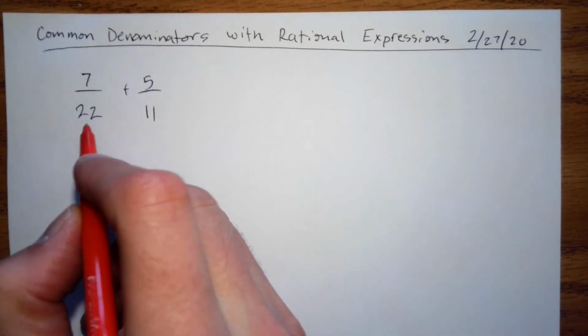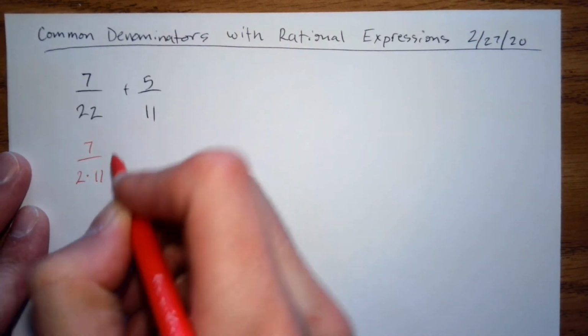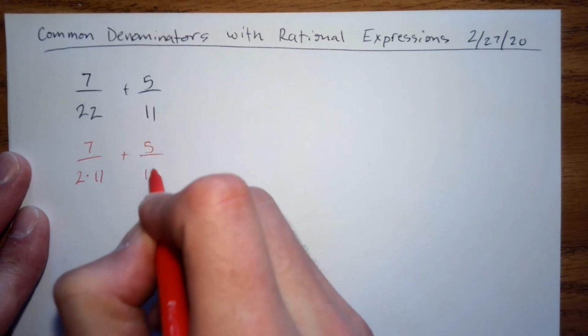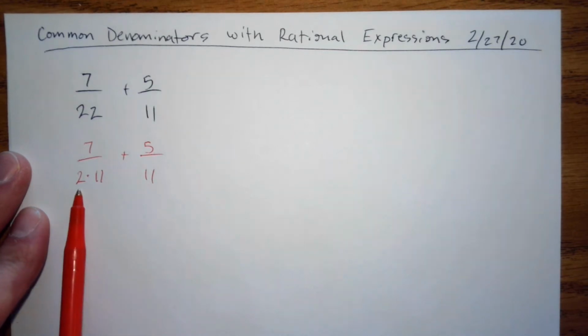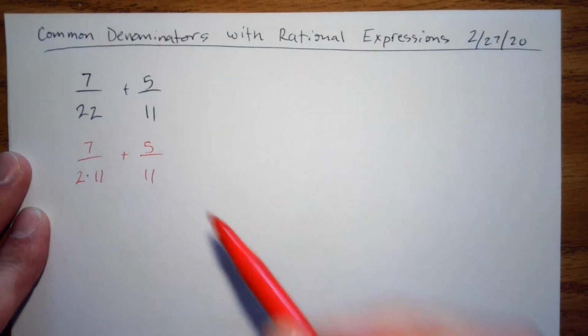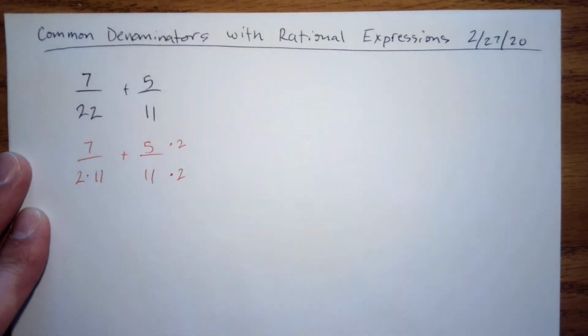So this you could think of as 7 over 2 times 11. And then you can see that this denominator is missing a 2. So we could multiply in the top and bottom by 2.